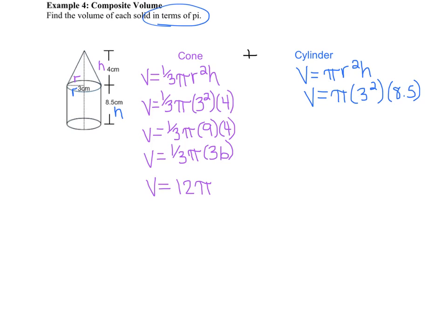Next step, 3 squared. So volume equals pi times 9 times 8.5. And now I'm going to multiply my numbers. So 9 times 8.5 gives us 76.5 pi.